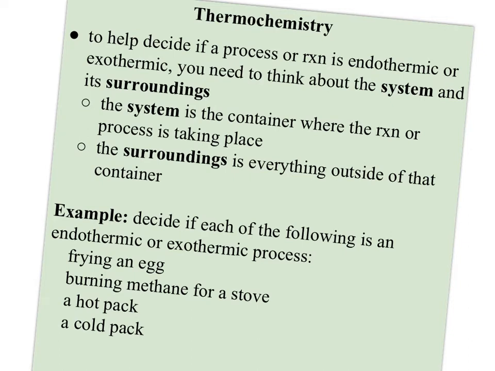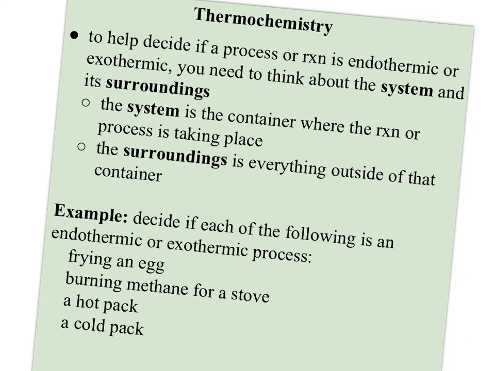So frying an egg, the fry pan and the egg would be considered my system, and heat is going into that fry pan and into that egg from the hot stove you have it on. So that is endothermic. On the other hand, if you're burning methane for a stove, and methane is just what we usually think of as natural gas.